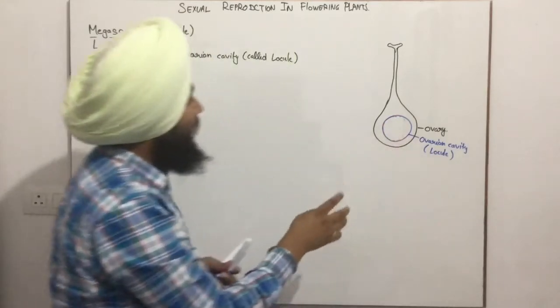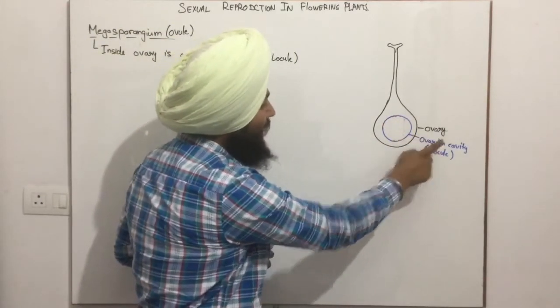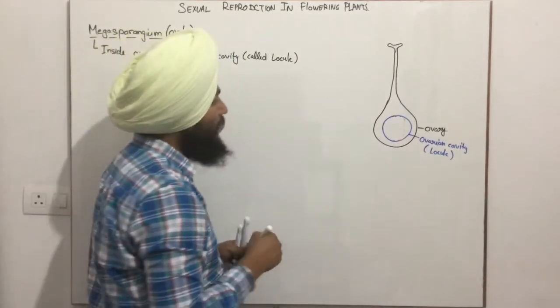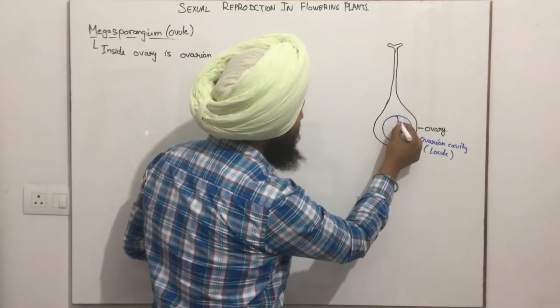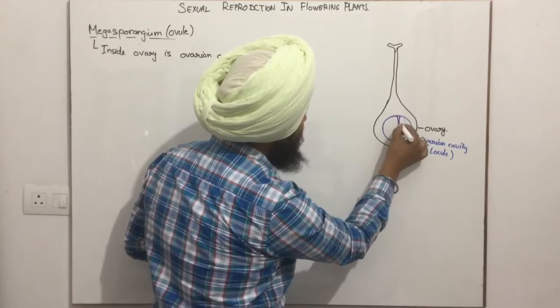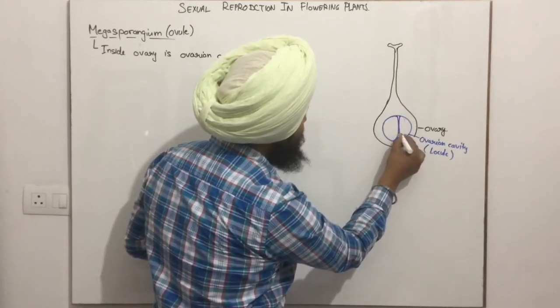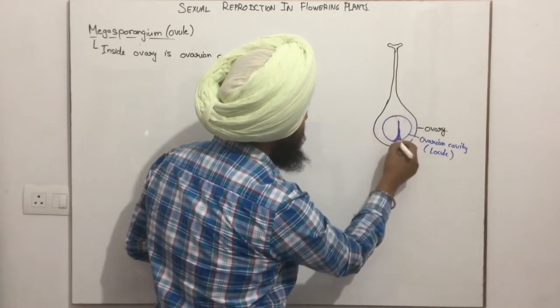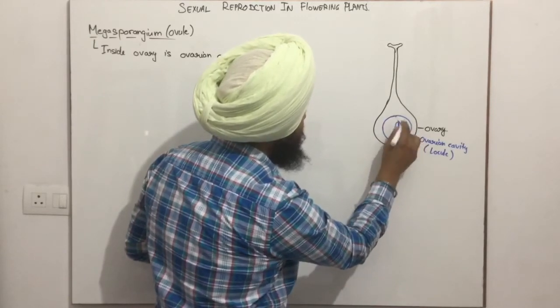So inside the ovary we have the ovarian cavity, and inside the ovarian cavity is the placenta. We are drawing the placenta like this, or we can draw it like so. This is the placenta.